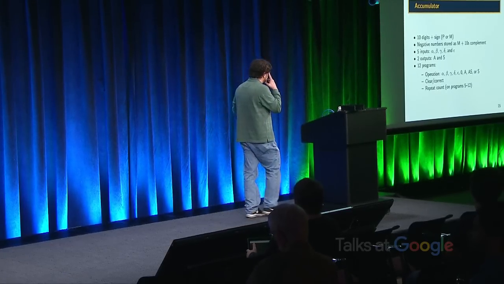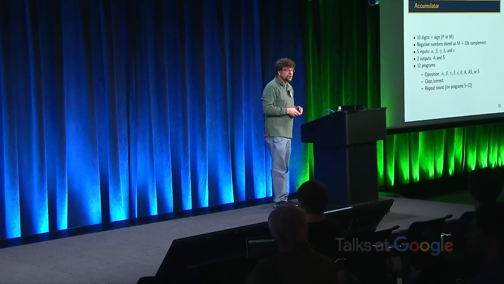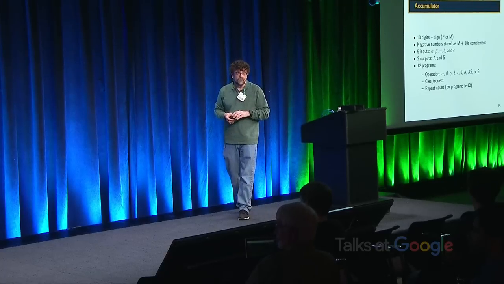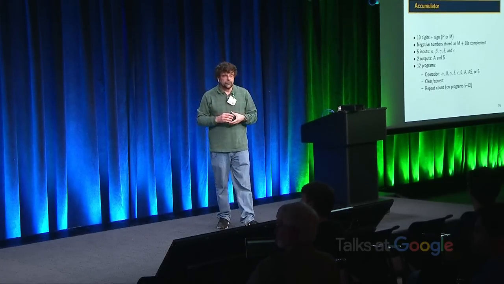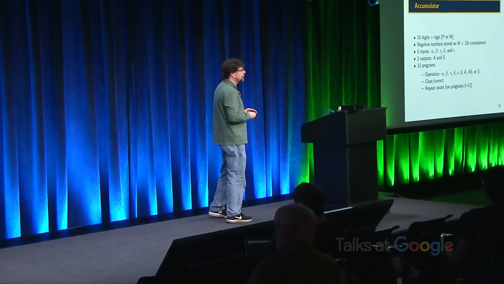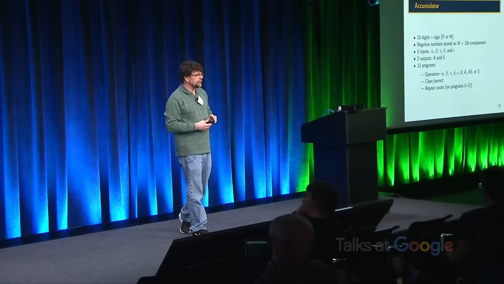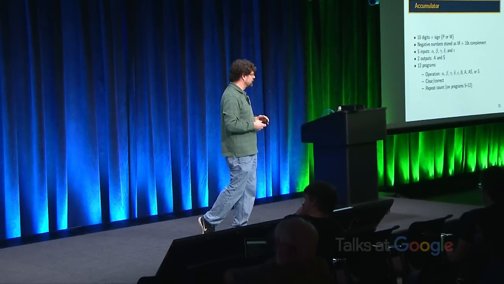The inputs to the accumulators are labeled by these Greek letters, alpha through epsilon. Each one of those represents a channel over which I can take these 10 digits in parallel and add to whatever is in the accumulator currently. The outputs are labeled A and S. The A output is an additive output, and the S output is a subtractive output.